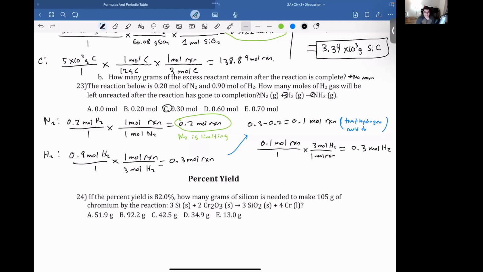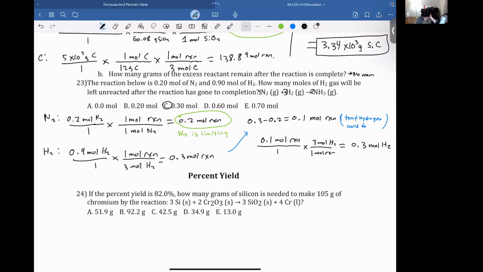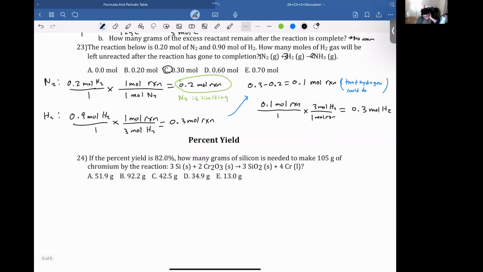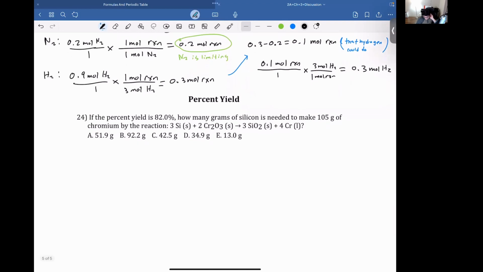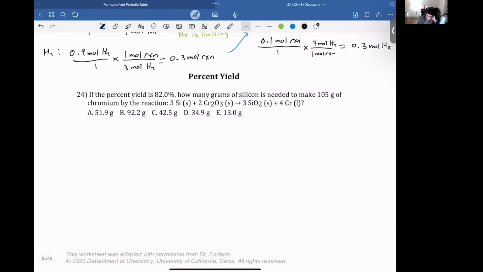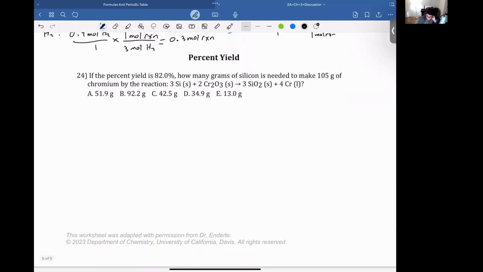All right, we're almost done. So last one. It says if the percent yield is 82%, how many grams of silicon is needed to make 105 grams of chromium by the reaction of that? All right. So you know what the percent yield is.